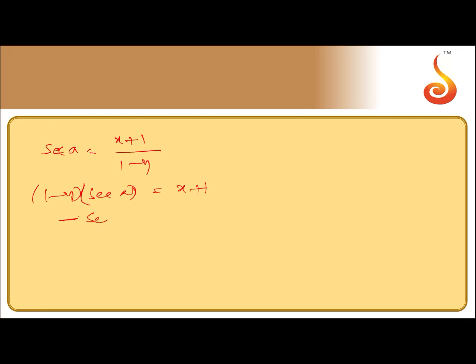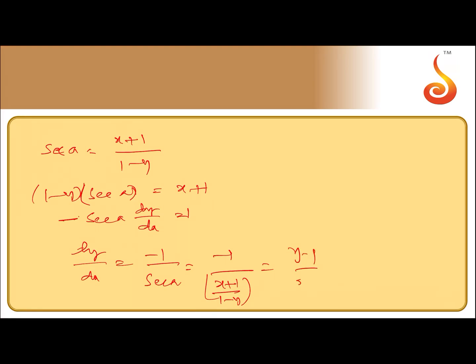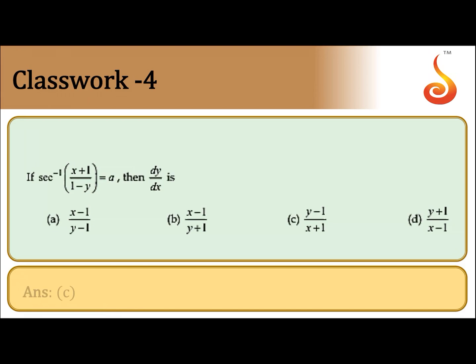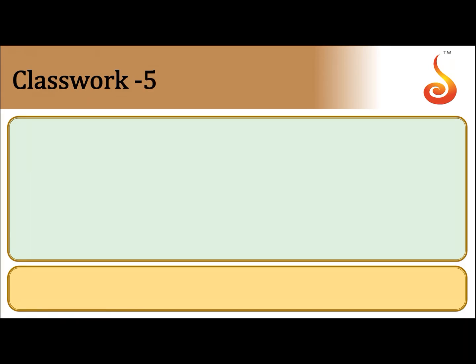Derivative on both sides: we get minus secant A into dy by dx is equal to 1. Therefore dy by dx is minus 1 divided by secant A. Substitute the reciprocal of secant A, which is (1 minus y) by (x plus 1), which is the same as (y minus 1) by (x plus 1). The answer is y minus 1 divided by x plus 1.